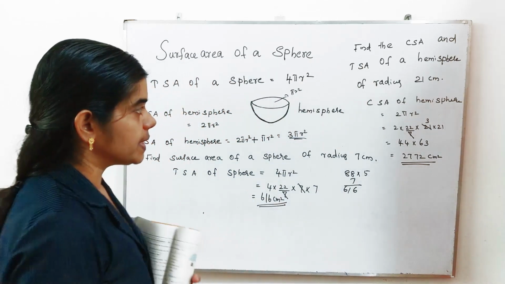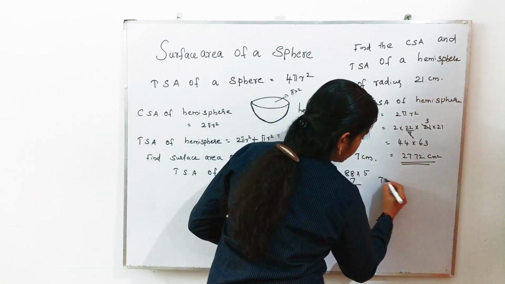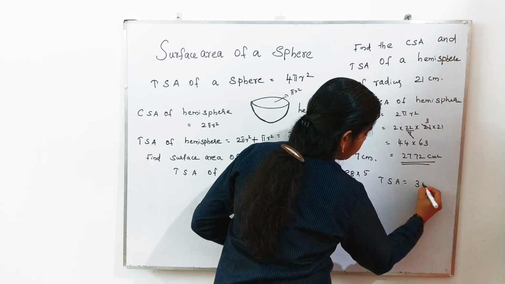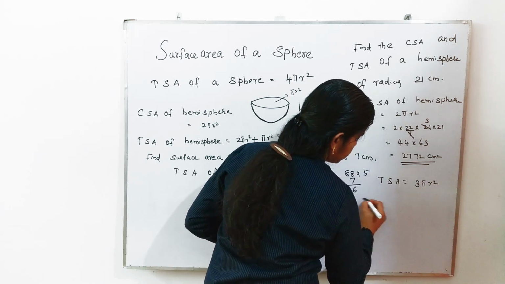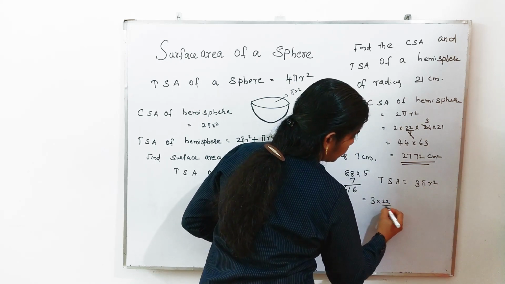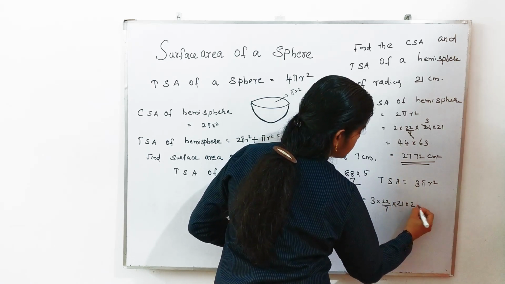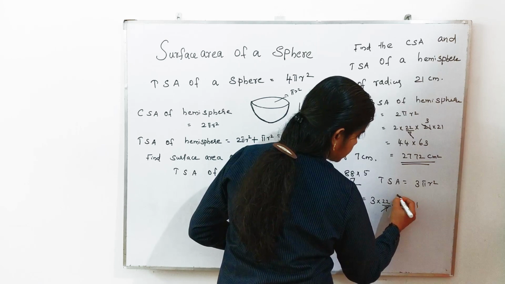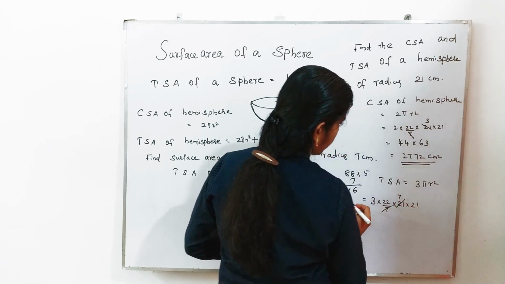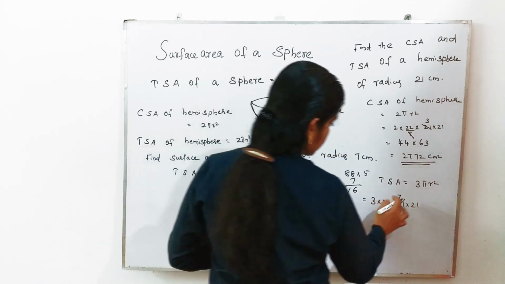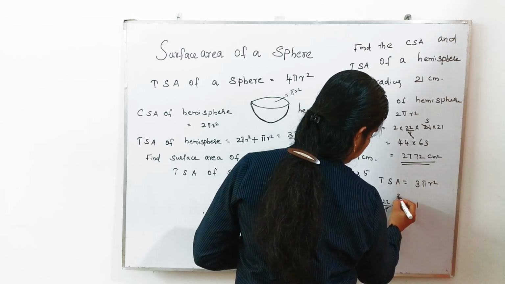Next we want to find out the TSA of the hemisphere. TSA is equal to 3 pi r square, that is 3 into 22 by 7 into 21 into 21. We can cut 7 three times.